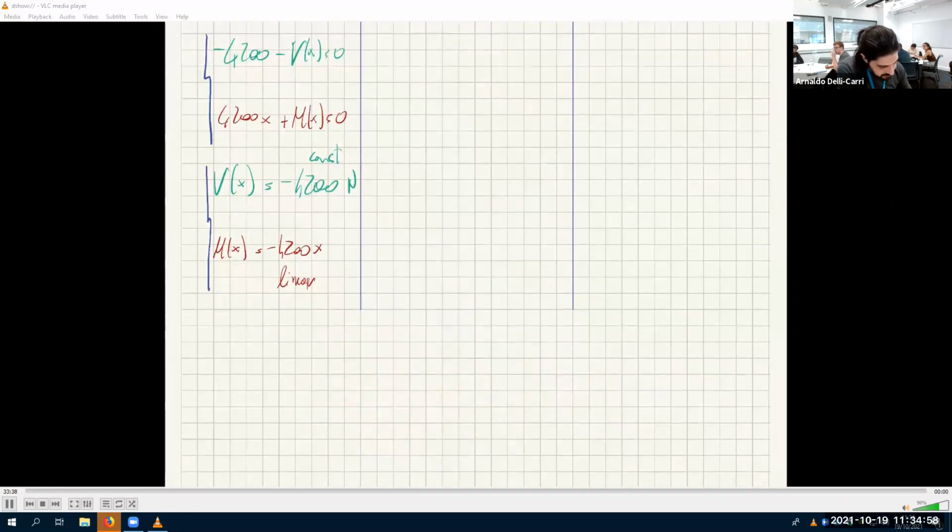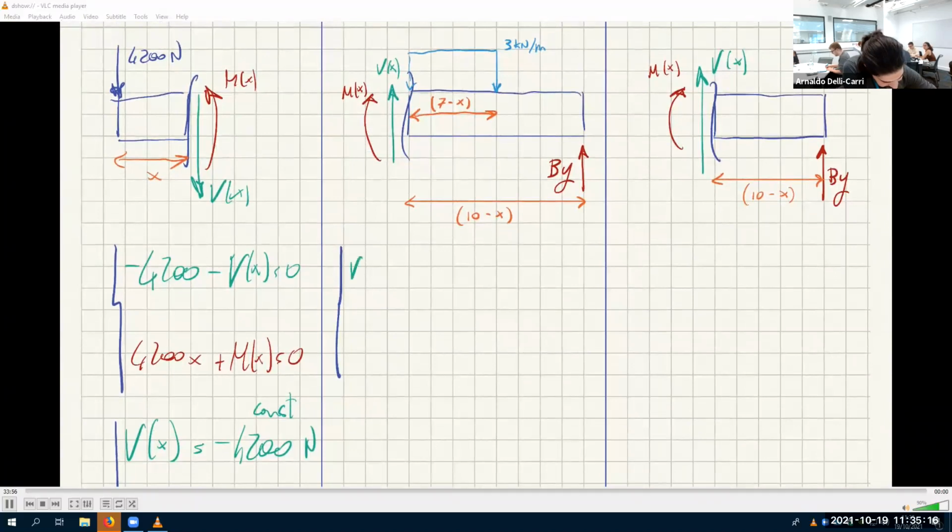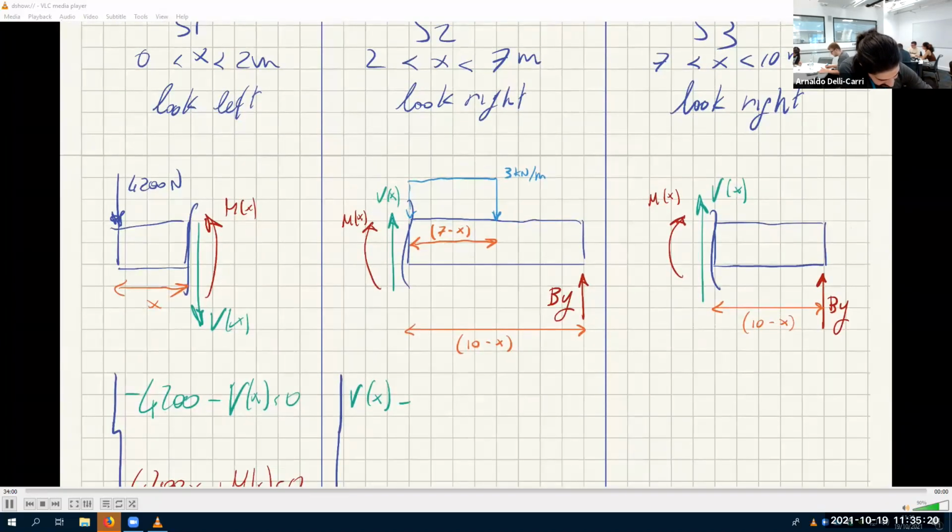So let's do the same for segment 2, which is much more complicated. The derivation, what was it equal to? V of x. So let's do this for the shear force. For the shear force, we have V of x minus, remember, this is the equivalent load, F equivalent.